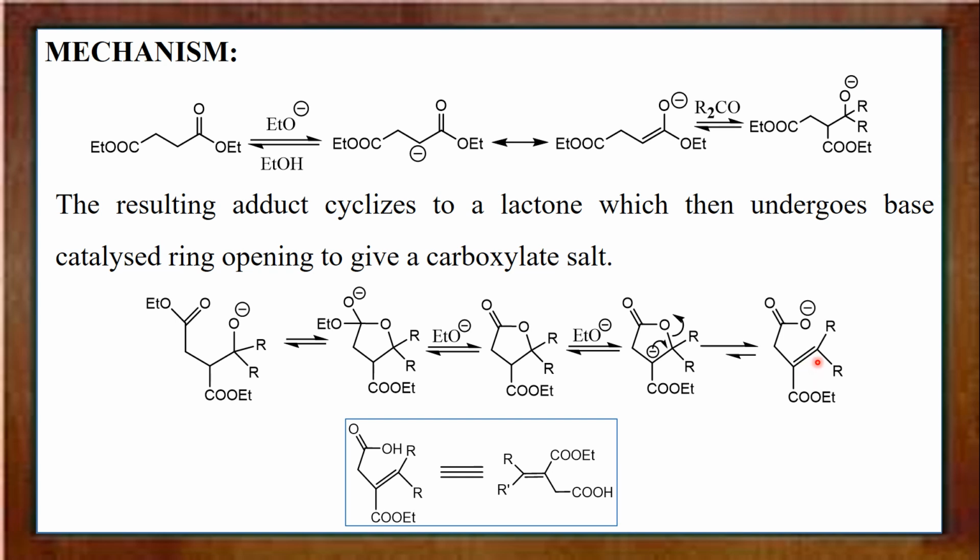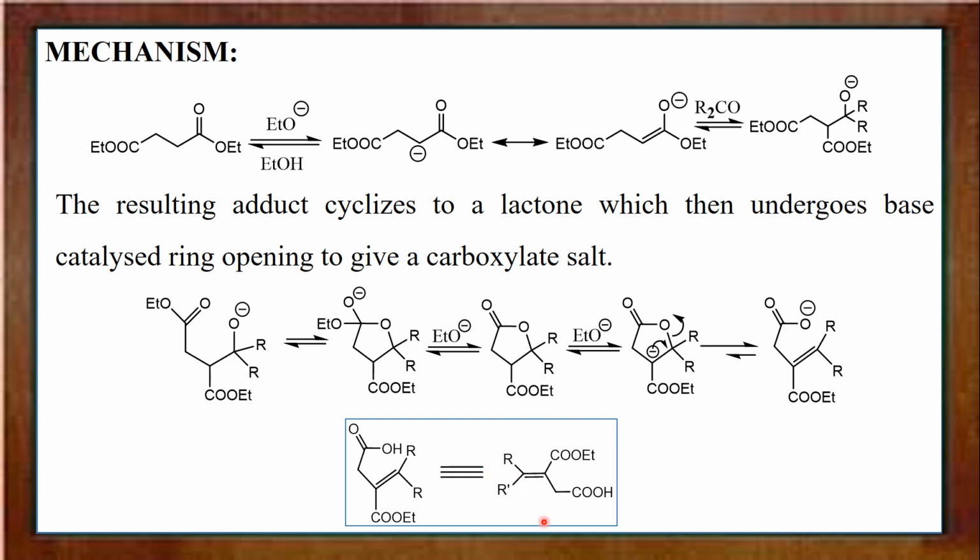olefinic double bond. So with this olefinic double bond we have a carboxylate ion that takes up a proton from ethanol in the medium and gets protonated. Therefore the carboxylate ion is protonated here and we have a new double bond, and this is the product of Stobbe condensation.